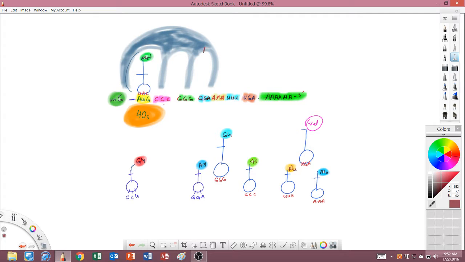A stands for acceptor. P, peptidase. E, exit. You can call them windows, but 3 locations, 3 areas.